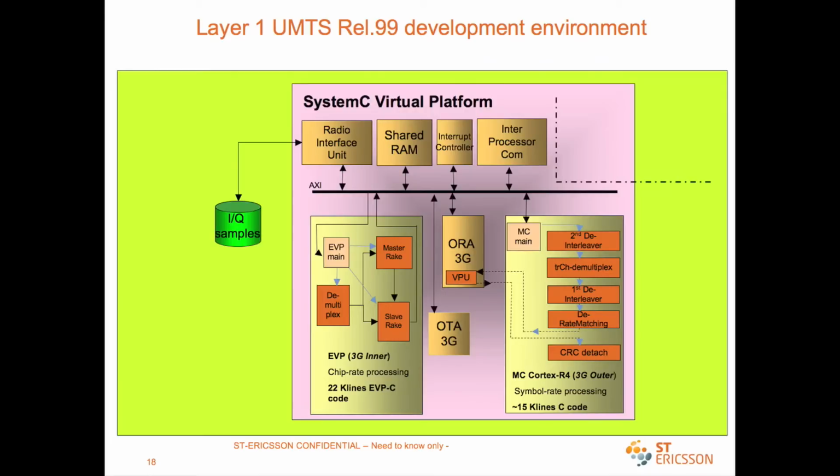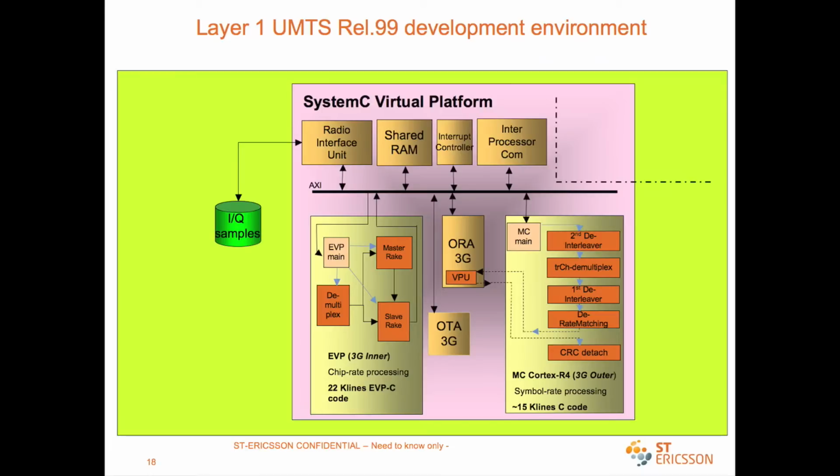dedicated to this core. On the other side we have the modem controller. It was a Cortex R4, and all the control parts ran on that. This was dedicated to the symbol rate processing. Here it was 15K lines of C code.